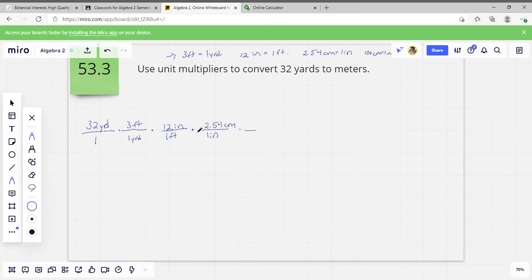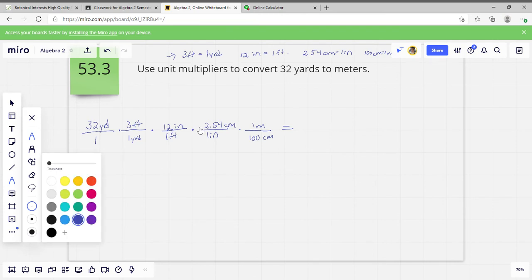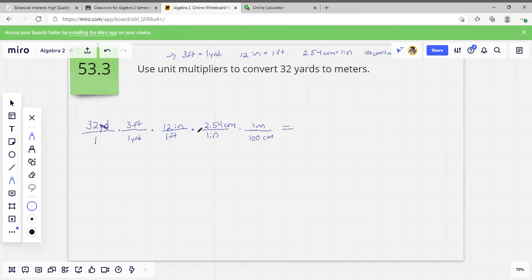And then we've got 100 centimeters is 1 meter. Alright, now we're going to cancel our units. So yards cancels out yards, feet cancels out feet, inches cancels inches, centimeters cancels centimeters, and I'm just left with meters as my unit.